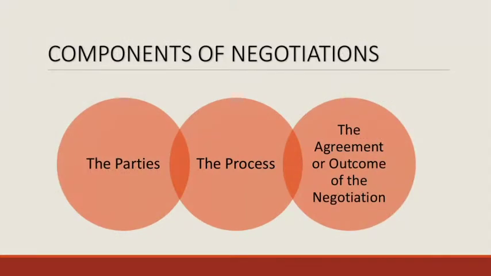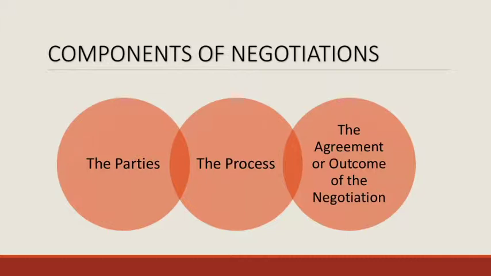So now if we come to the components of negotiations, we have, of course, the parties. Just as mentioned, there can be two or more parties. Then we have the important part, the process.